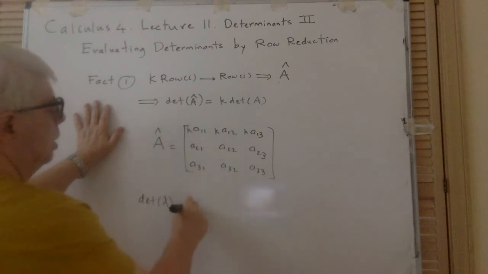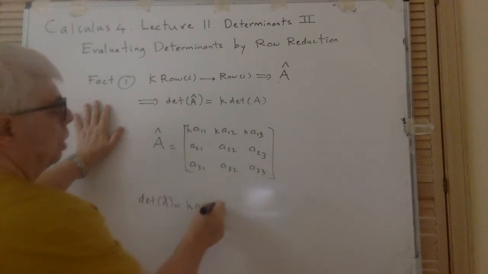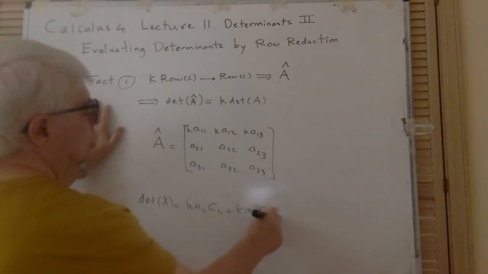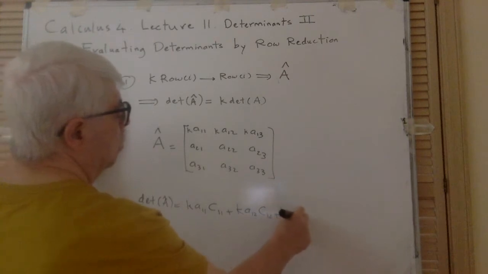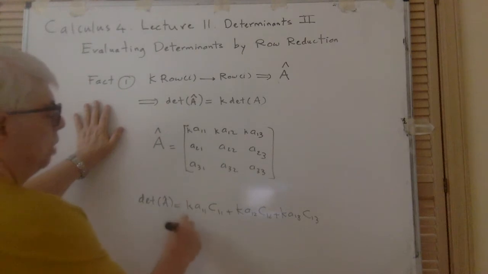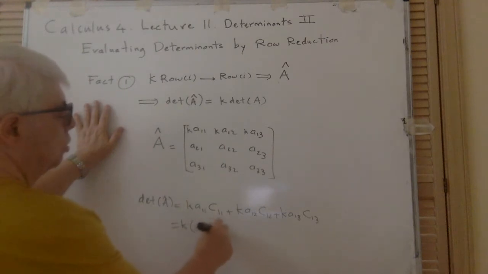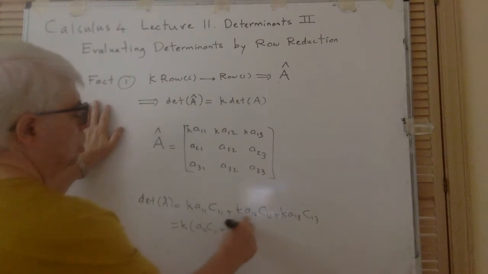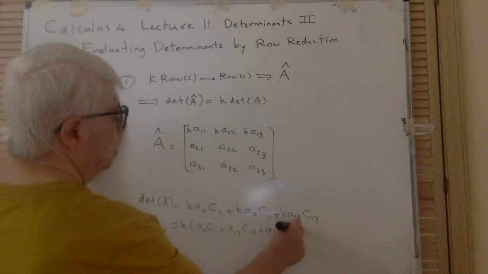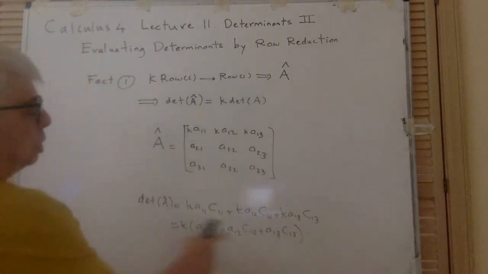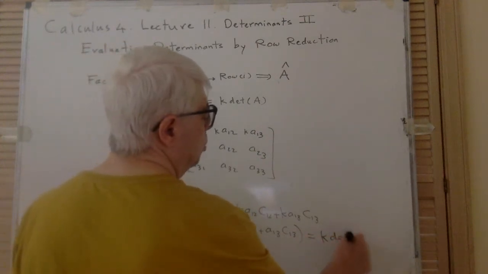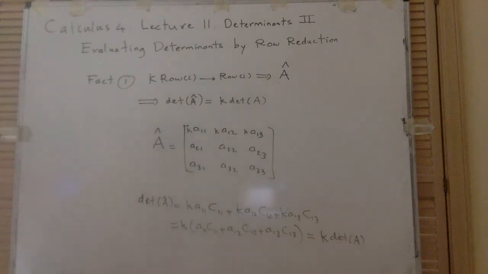It is k A11 times C11 plus k A12 C12 plus k A13 C13, by cofactor expansion. So it is k times (A11 C11 plus A12 C12 plus A13 C13). This is the determinant of A, so that is k times the determinant of A.